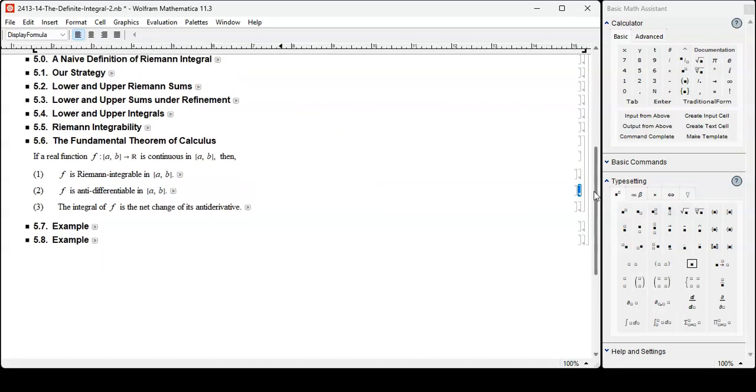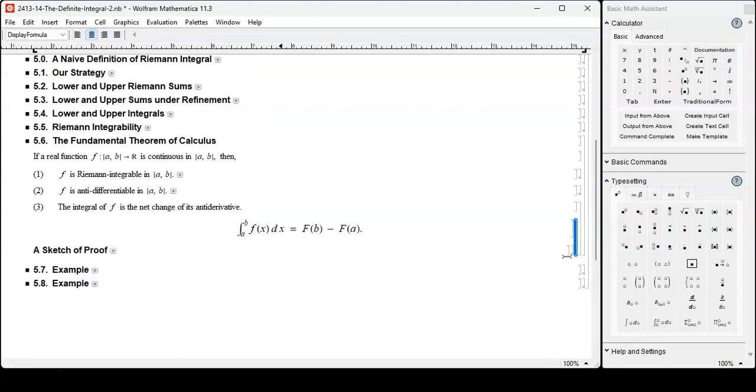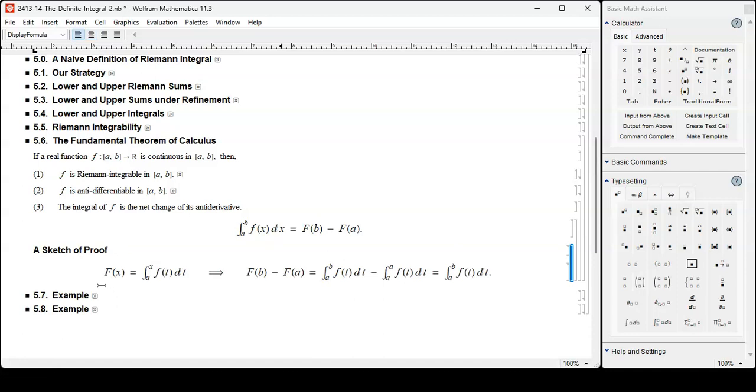And then finally, once we have 1 and 2, 3 is actually easy because capital F of x is the integral from a to x of f of t dt, then capital F of b is the integral from a to b of f of t dt, and capital F of a is the integral from a to a of f of t dt, and that's 0. So yes, we have the integral written as antiderivative function, capital F of b minus capital F of a.